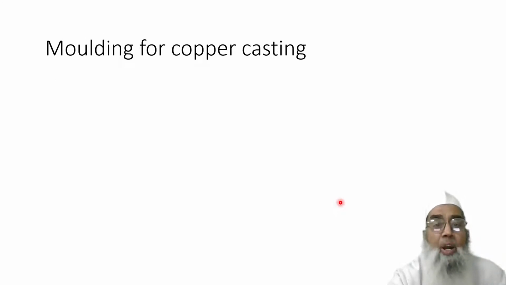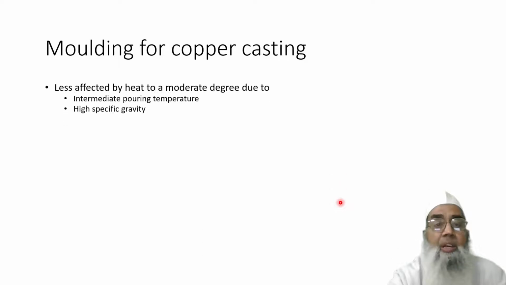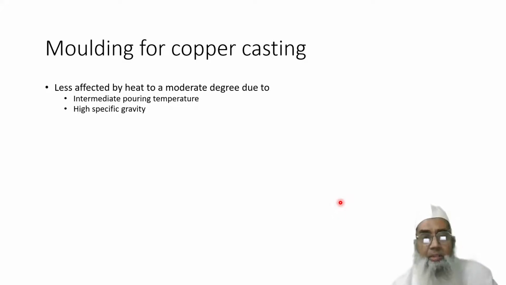Now, molding of copper casting is less affected by heat to a moderate degree, due to its pouring temperature or melting point not being as high as that of steel.